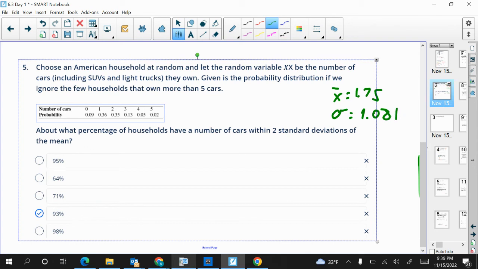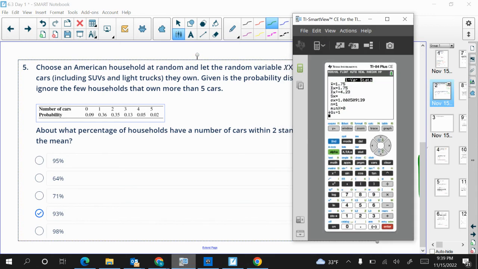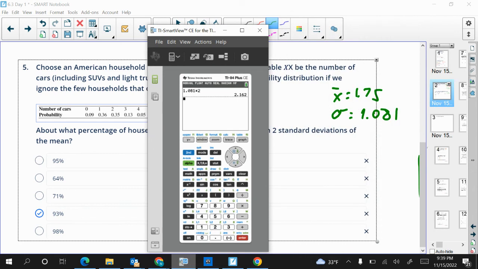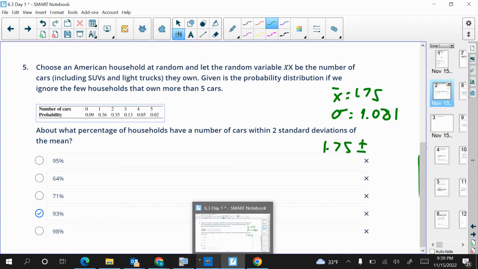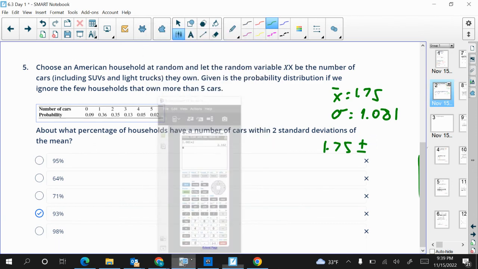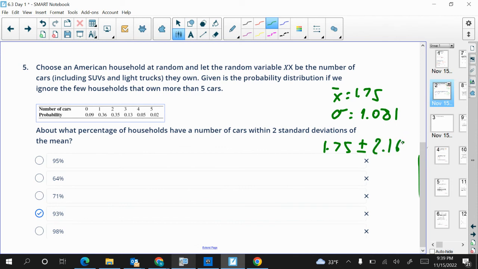So about what percentage of households have a number of cars within 2 standard deviations of the mean? So I'm going to take that 1.081 times 2, which is 2.162.